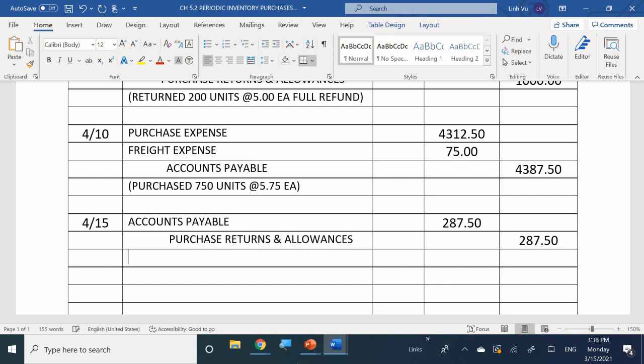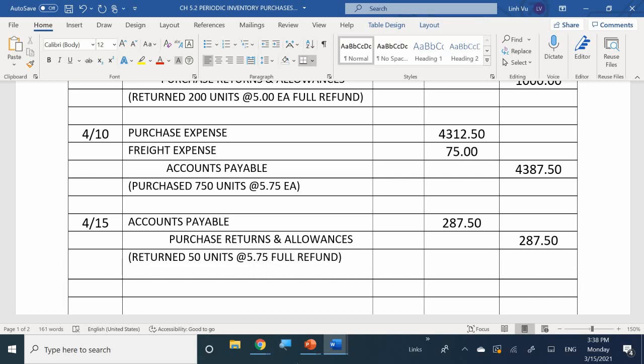Okay, good. And I'm also going to make a note that I returned 50 units at $5.75, full refund. Okay, good.